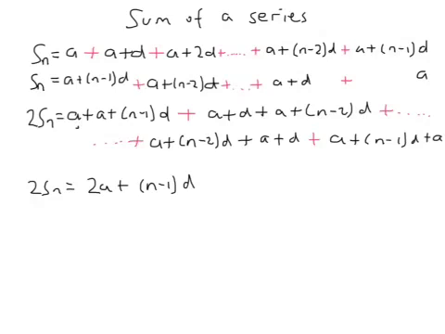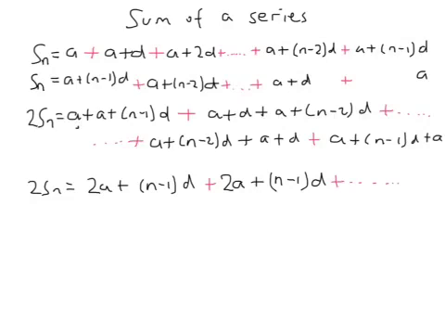We've got A plus A, so that's 2A, then we've got (n minus 2)D plus another D. So that's (n minus 2)D plus 1D, that's (n minus 1)D. Oh, it's the same as that. Okay, looks good.